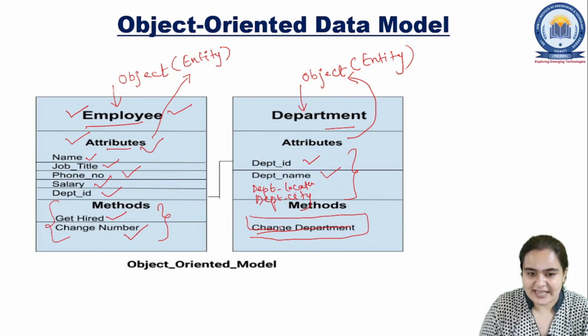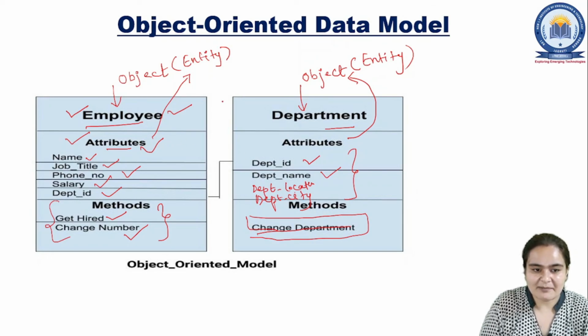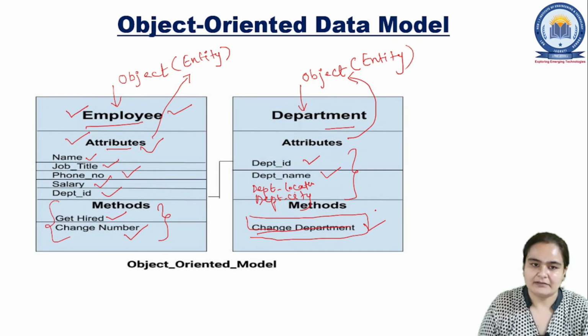As soon as I change the department, whoever is connected or related to this department will also change. So whenever I get information about one particular employee, if the department related to that employee has been changed, we will get the information updated by this method.